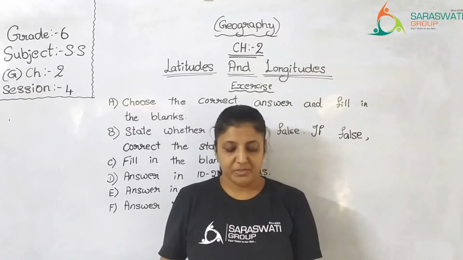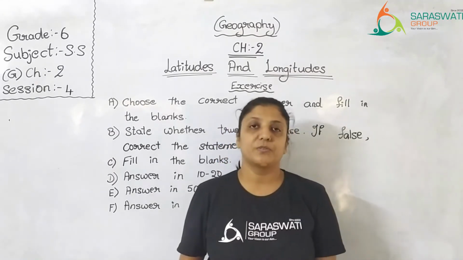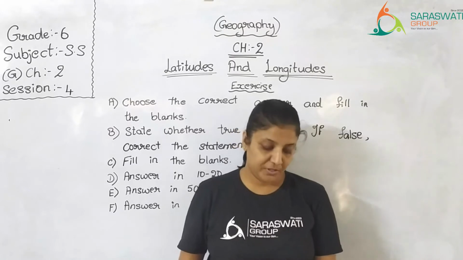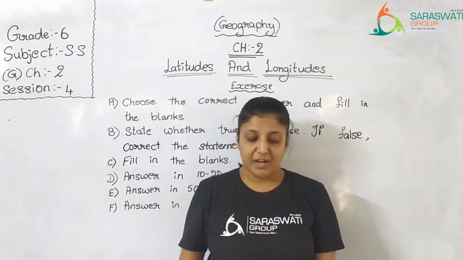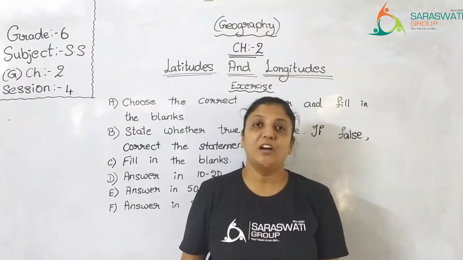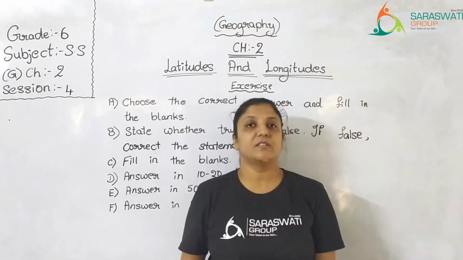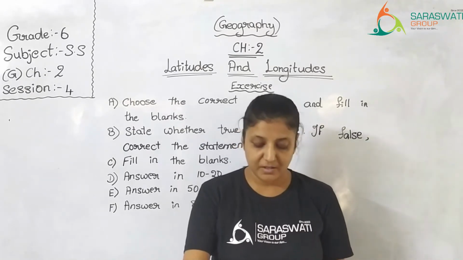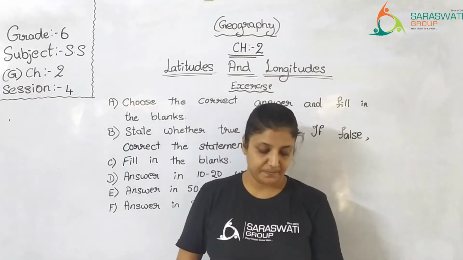Number 4. The standard meridian of India is dash. Options are 88.5 degree east, 86.5 degree east, 84.5 degree east, 82.5 degree east. The right answer is option D, 82.5 degree east.